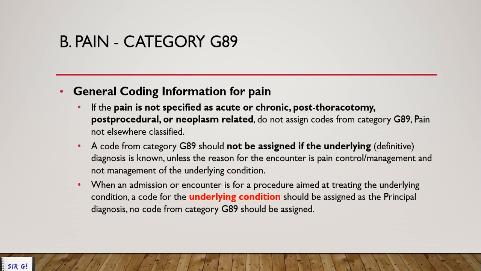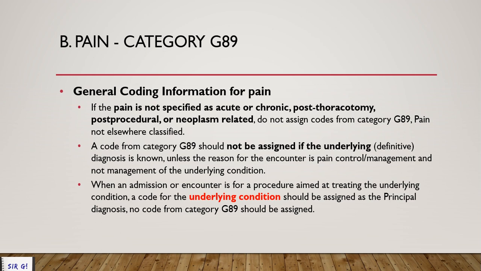Remember, a lot of patients come into the clinic due to pain, especially if it's no longer tolerable. That's the main reason why the patient came into the office, the emergency department most of the time, or the urgent care center. So it's very important for you guys to know these guidelines because when you're doing actual production and even in the exam, they love to ask about your G89.